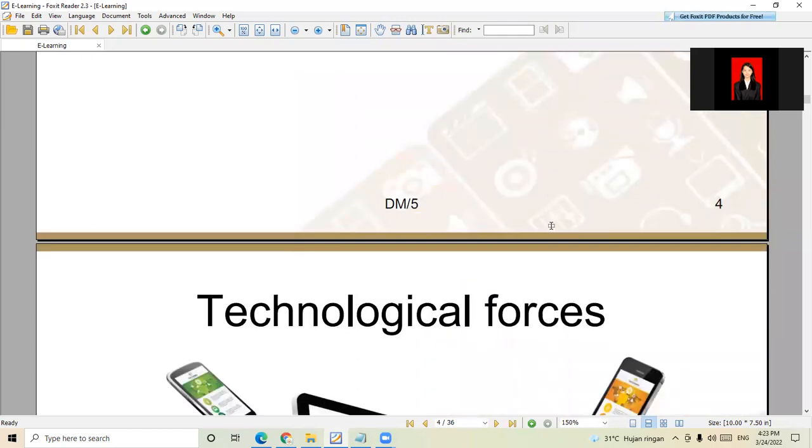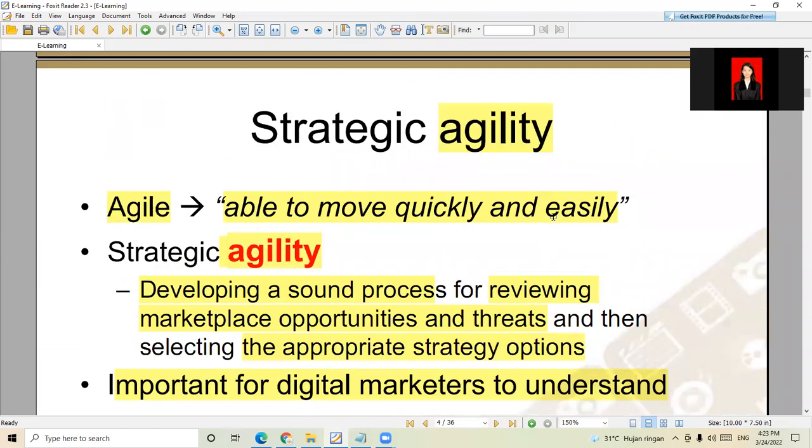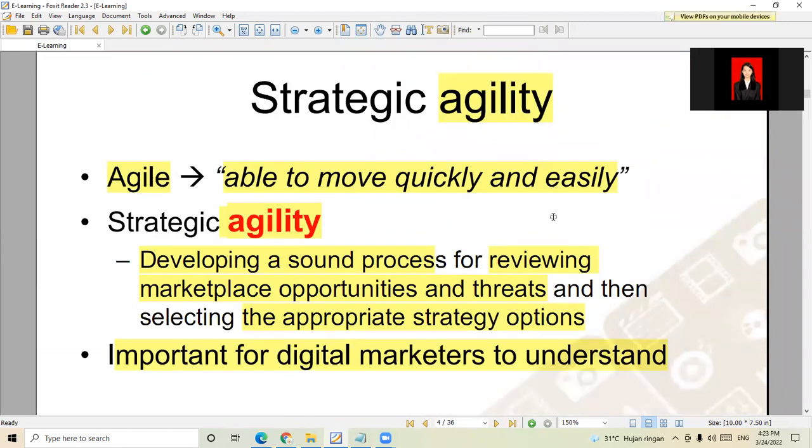Okay, before we move on to the technological force, one quick way to know what is happening in the digital marketing world is to find out what the trends in digital marketing are.